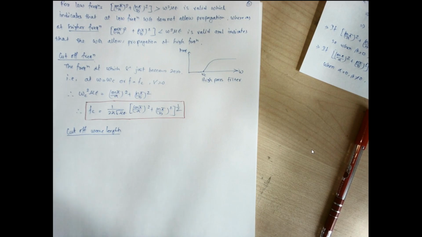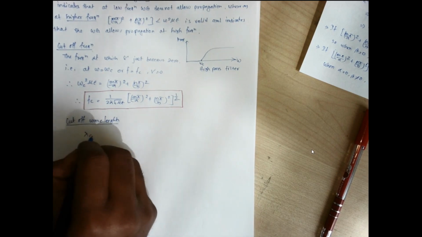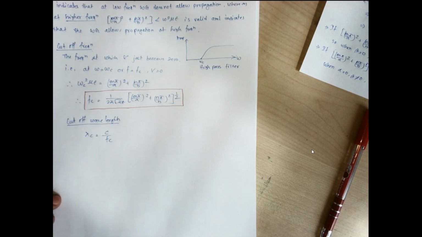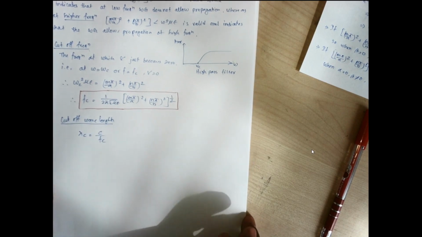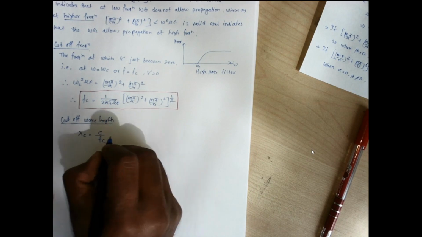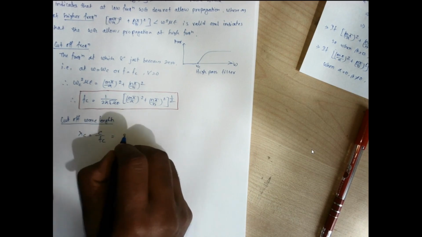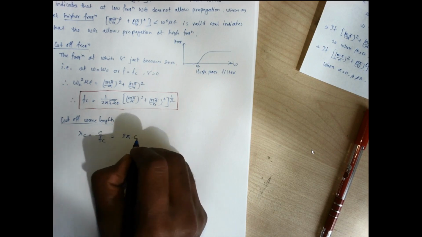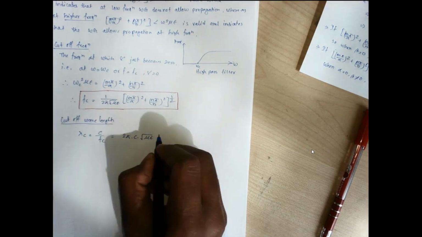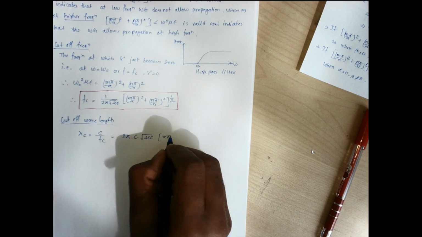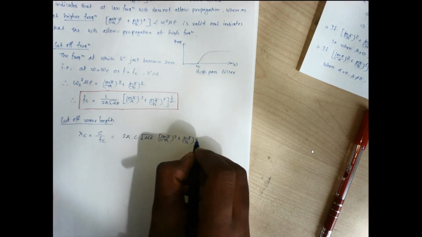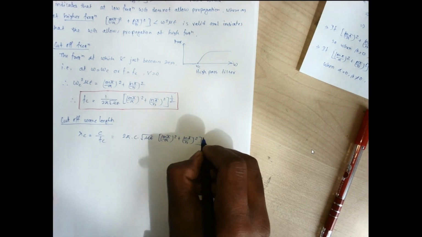So this cutoff wavelength lambda c can be found as c by fc, right? So it is twice pi into c into root over mu epsilon into [(m pi by a) whole square plus (n pi by b) whole square] whole to the power minus half.